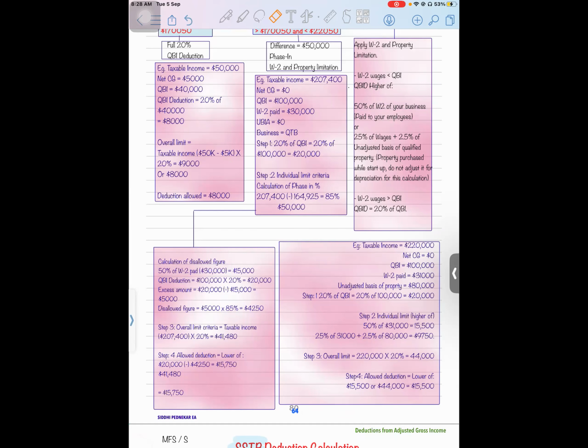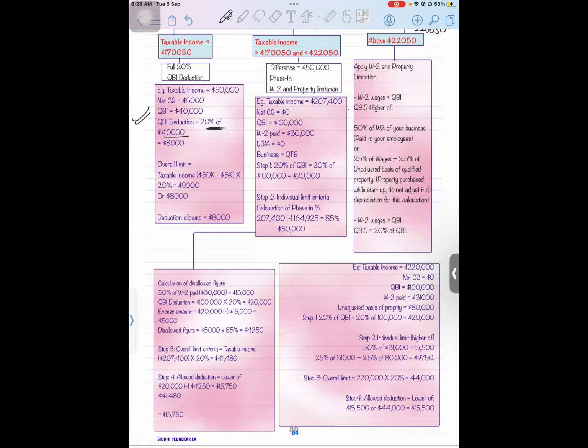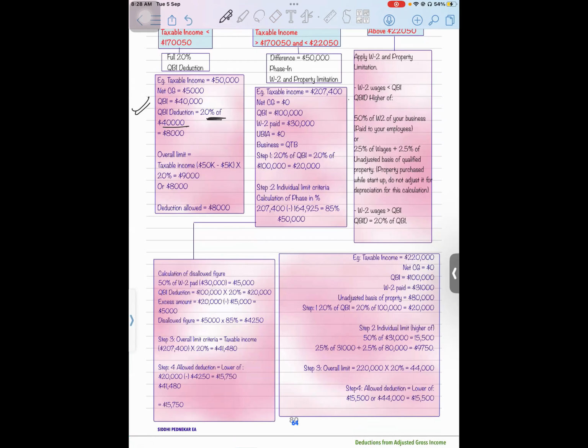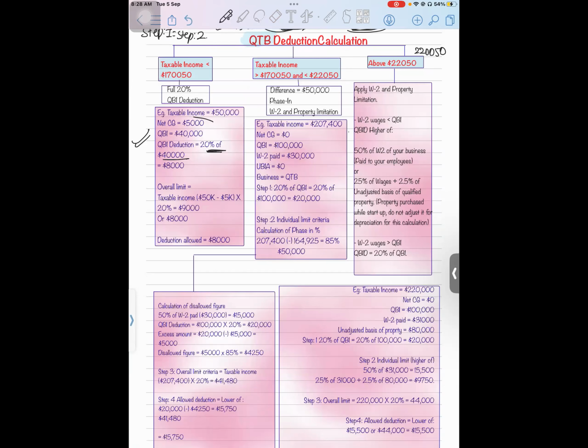See, the first calculation was very easy. Just take 20%. The first step is 20% of your QBI. The third step is 20% of your taxable income. But remember, here they have given the capital gain. QBI is already given as 40,000.